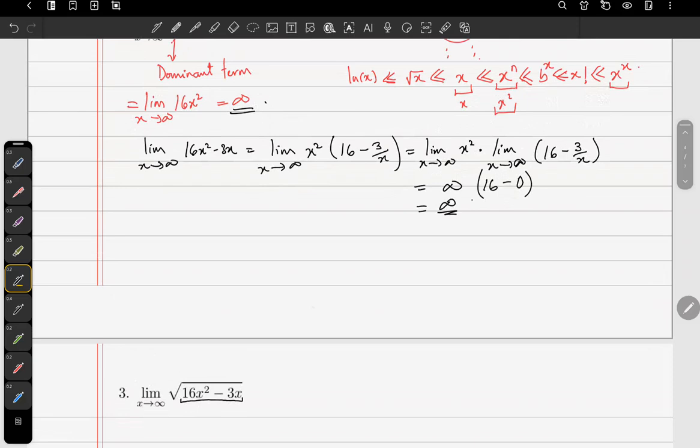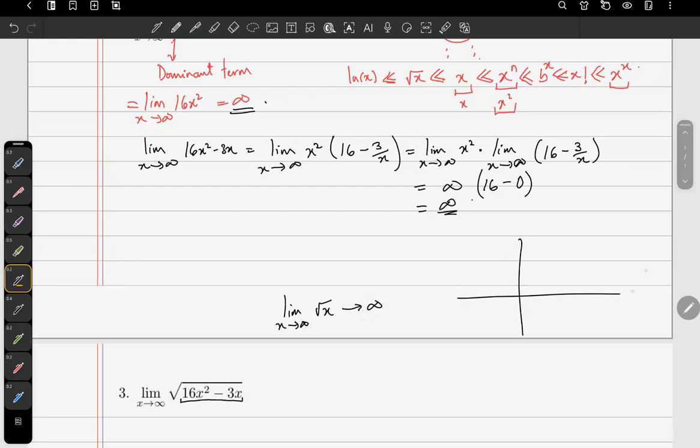So this is basically saying what is happening to square root of x as x goes to infinity. So this guy goes to infinity as well, even though it grows slower while it's on its way to infinity.